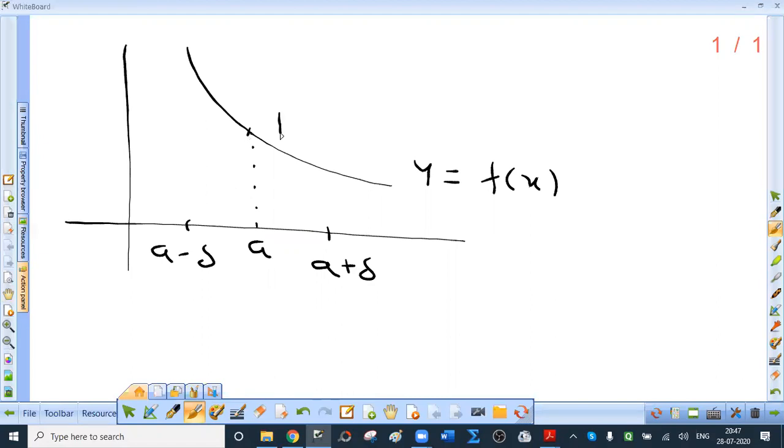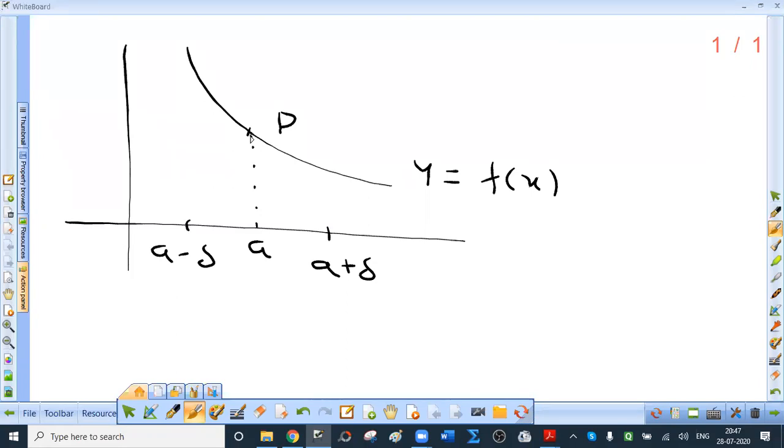This is the point P on the curve. Okay. So while passing through this point, you will notice that the graph of the function is decreasing, right? So in this case, consider the function whose graph is shown here. Function f is decreasing at x equal to a while passing through the point A.